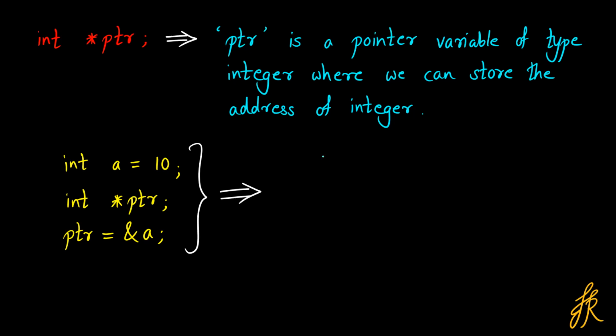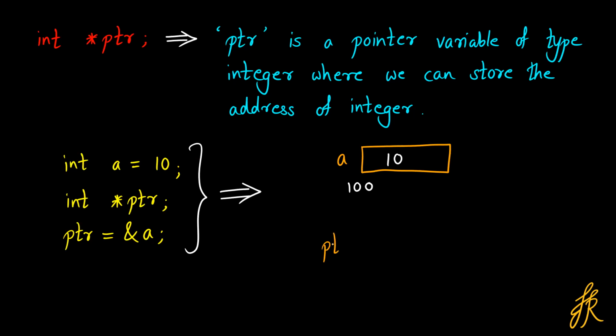Representation. So a is containing 10 and let's say the address of a is 100. So for the sake of simplicity, I told you we'll use 100, 200, 300 and so on, or 1000, 2000, 3000 and so on. Now int star ptr.